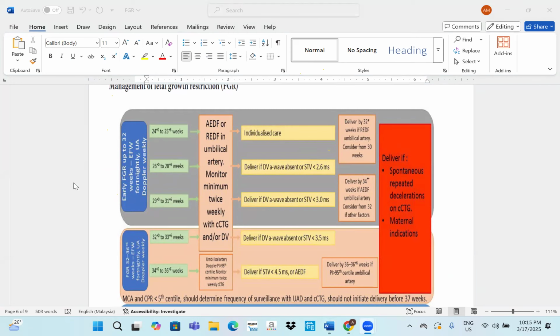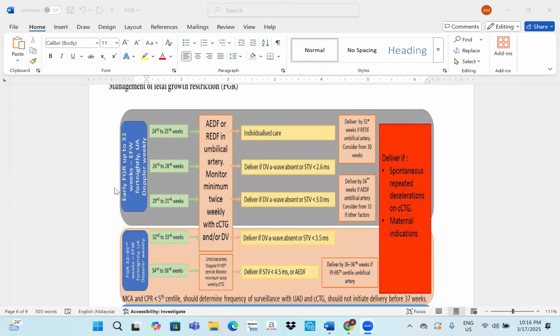Okay, for early onset, both the uterine artery Doppler and the estimated fetal weight were less than 10 centile. So this means that the FGR is diagnosed, because the diagnostic criteria is less than 10 centile along with the Doppler abnormality.